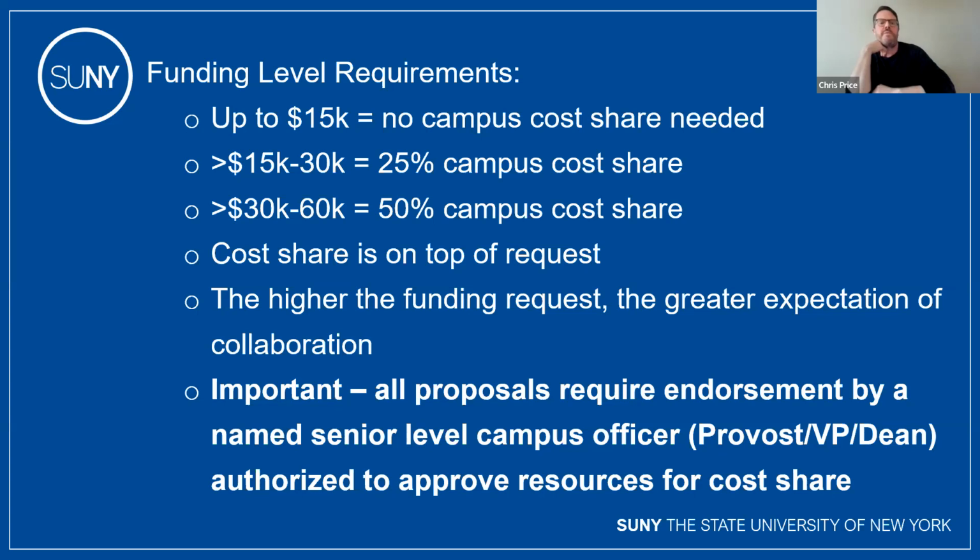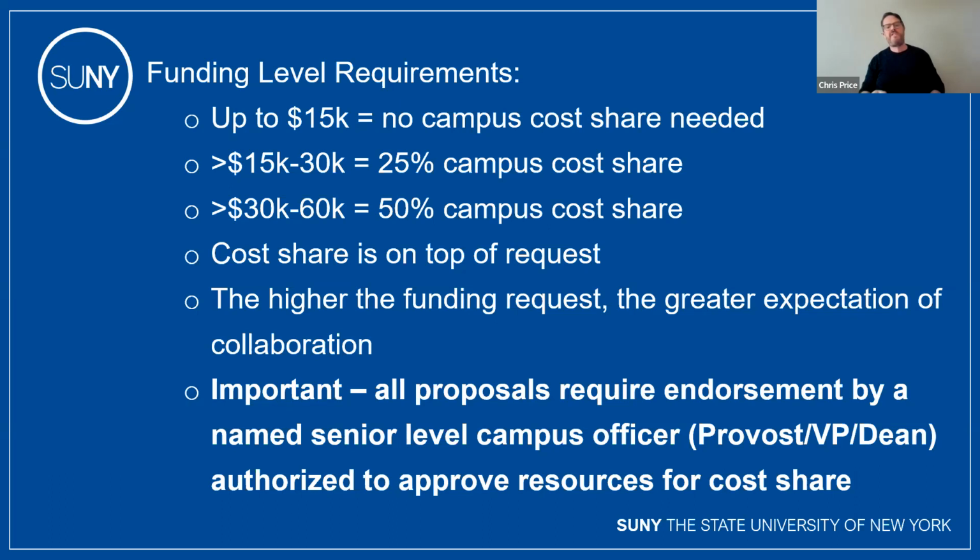And over 30, but up to 60, 50% of your budget needs to be shared in cost. They could be in-kind costs, they could be payments directly to the project from your campus. But like I said, we just want to make sure that the higher they ask, the more your campus is on board with the idea and the project itself.